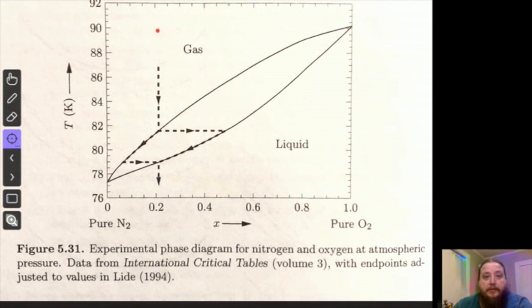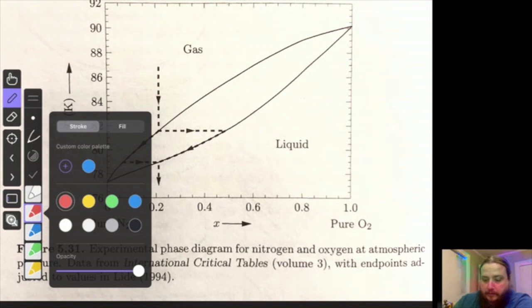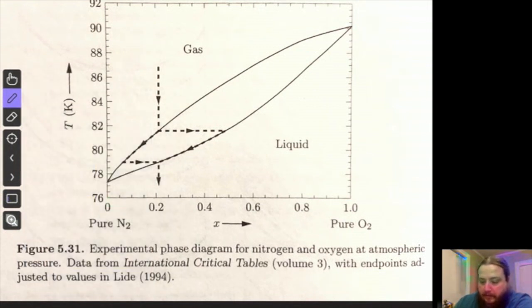We go way below the 90-degree boiling point of oxygen, all the way down to just under 82 Kelvin, before we finally hit the point where we're going to have to leave a pure mixture of gas. And then what's going to happen here is, again, the liquid is our red line, so I will go ahead and follow the red.